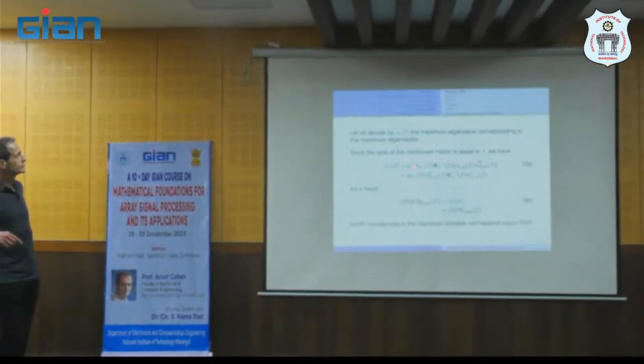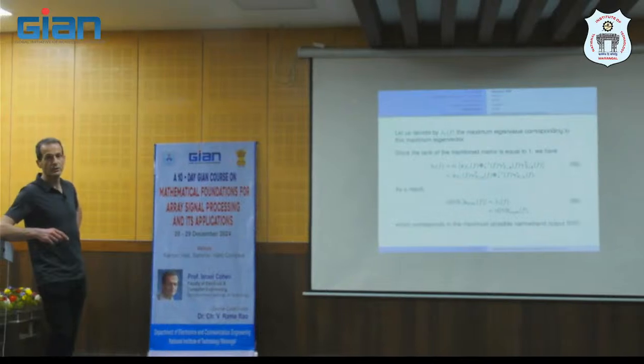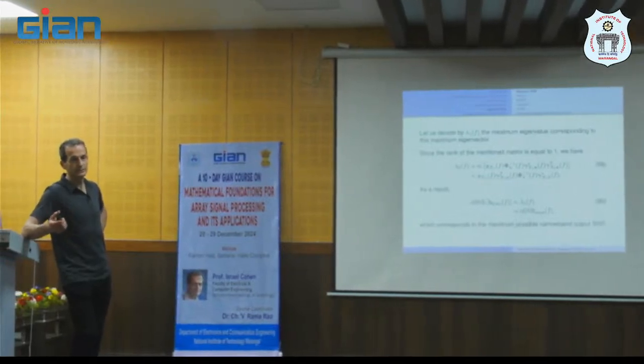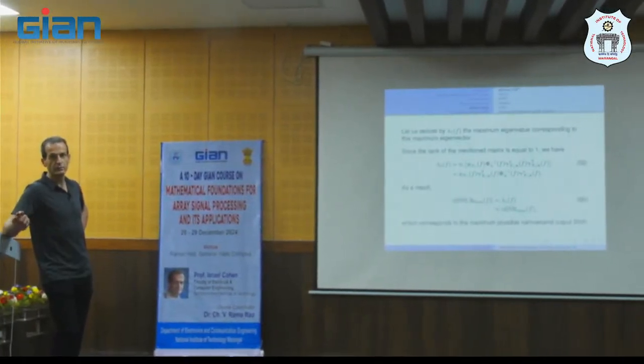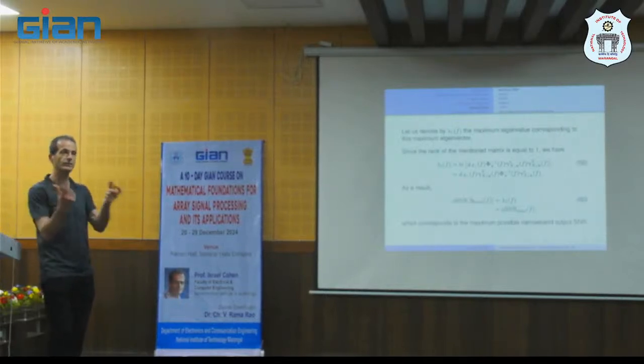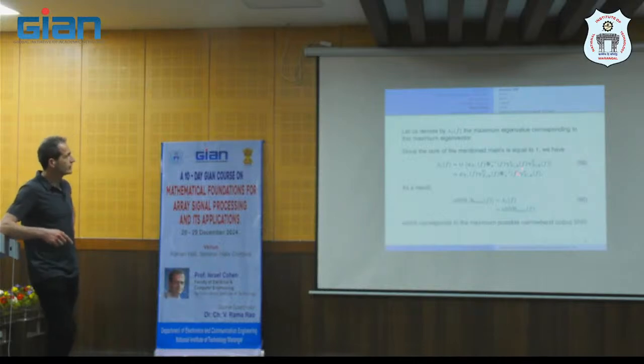So how do we compute this trace? You know, if you take two matrices A, B, the trace of AB is the same as the trace of BA. We can change the order. So in the trace of this matrix, we can take gamma transpose and put it from the left.